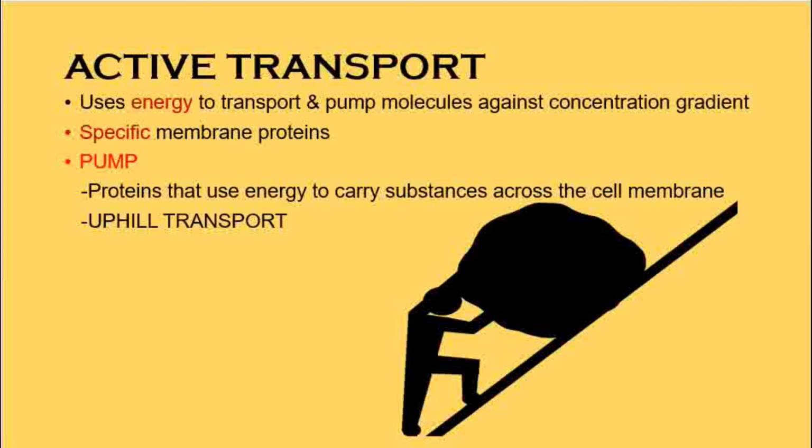So what exactly happens in active transport is that there is an uphill movement. Here energy is used. This transport uses energy and pumps molecules against the concentration gradient. So the cell is going to work against the concentration gradient.